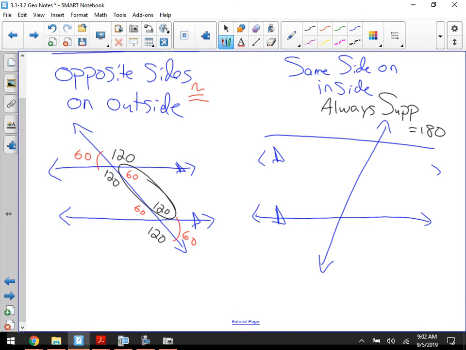Alternate interior means this is congruent to this. If any angles share a tick mark, they're always equal. If they have the same number of tick marks, they're equal. If they have one of each, they're always supplementary. Because it has to be. No other way around it.